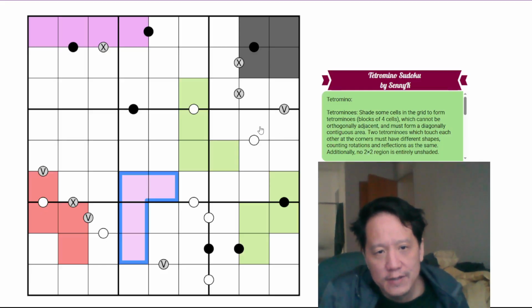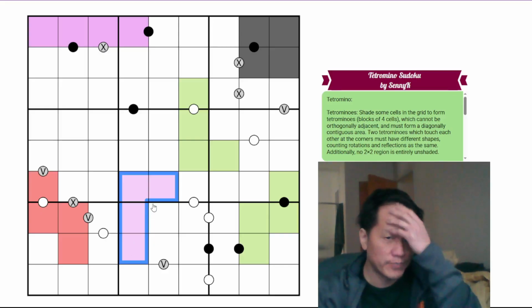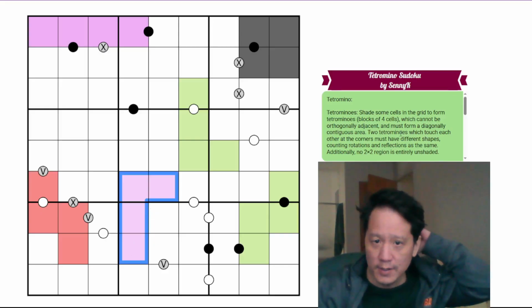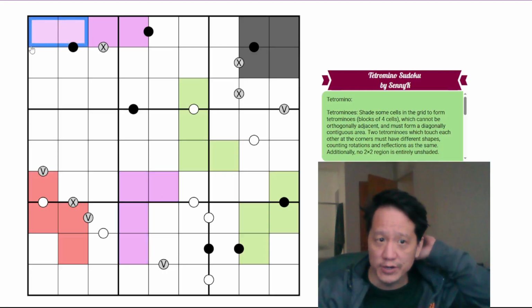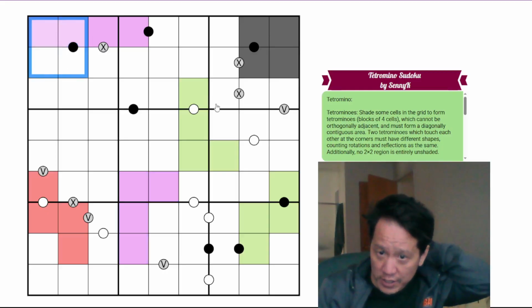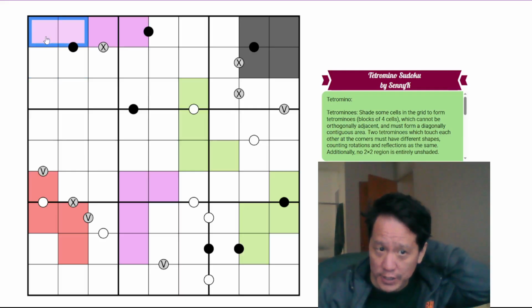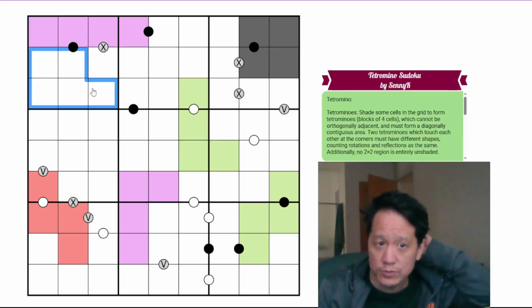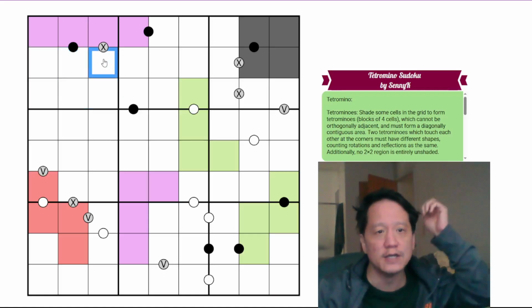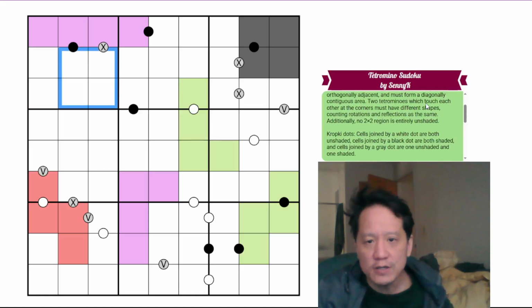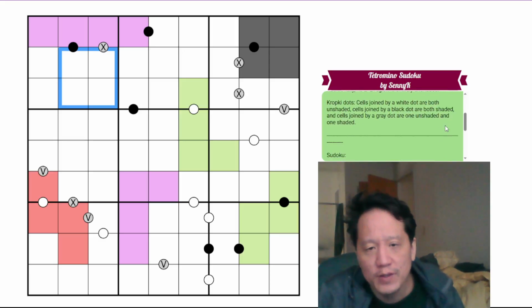So this is not possible because these are the same shape for tetrominos. And there's also no 2x2 area that is entirely unshaded. So there must be some shading somewhere in every 2x2 box in this puzzle. So that's how tetrominos work.